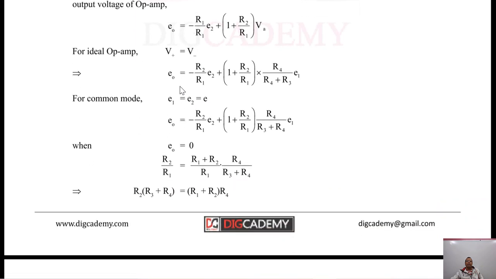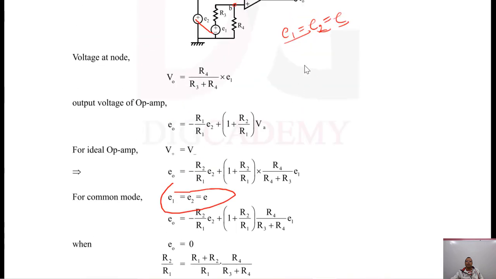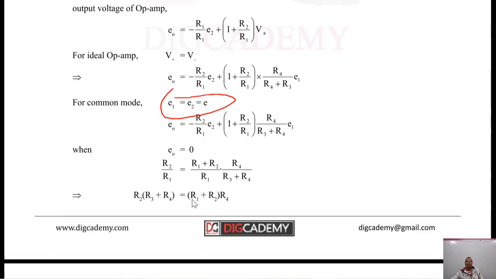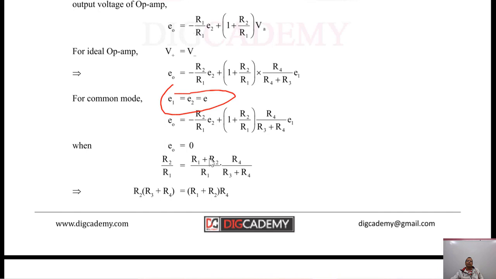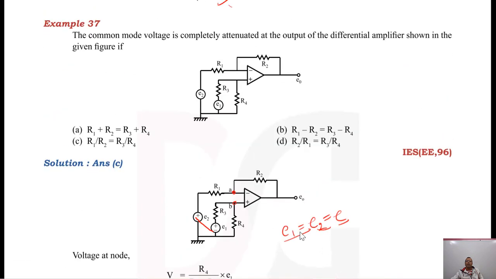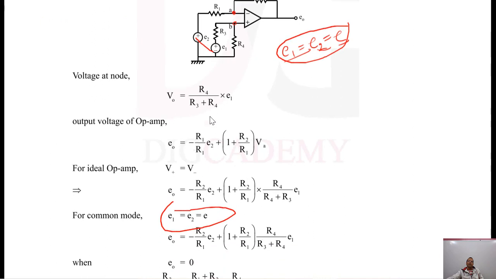So finally, when I put E1 equal to E2 equal to E in the above expression of output voltage, you will get the output to be 0. Why? Because E1 equal to E2 equal to E is known as common mode input, and for common mode input voltage the output of the circuit is 0. Output is completely attenuated, meaning output is 0 when both of these voltages are the same.